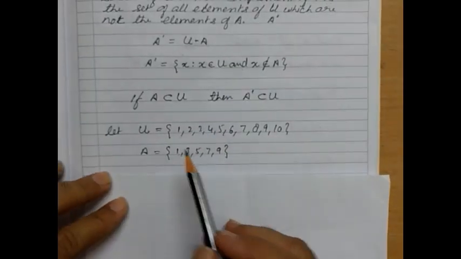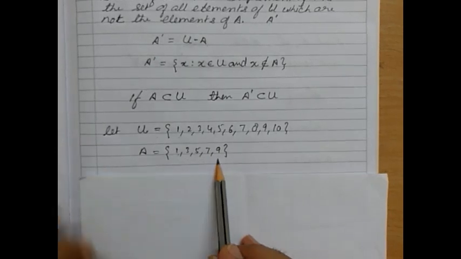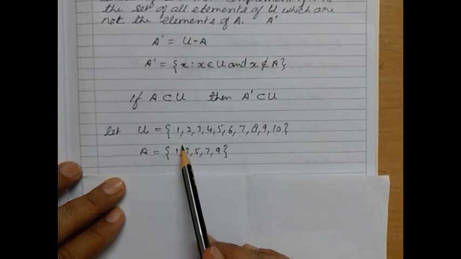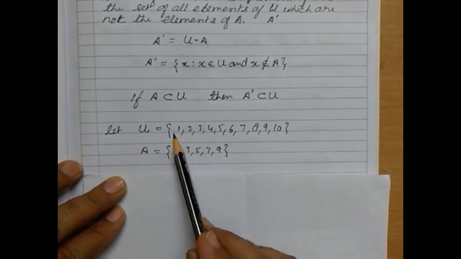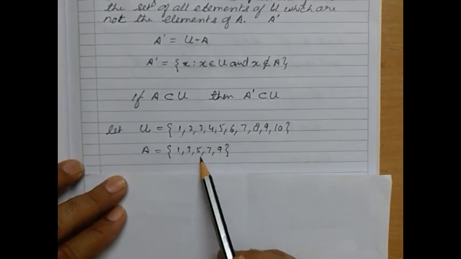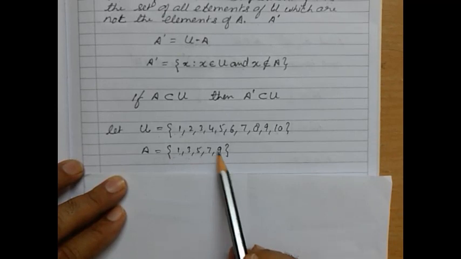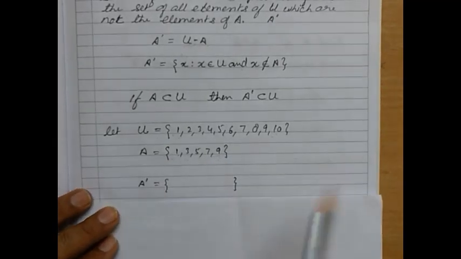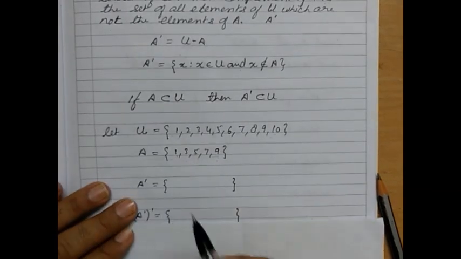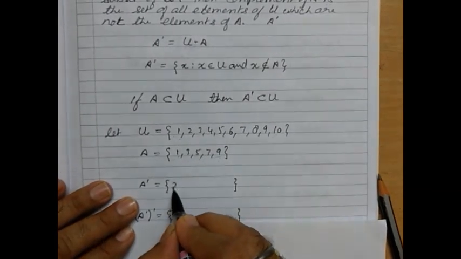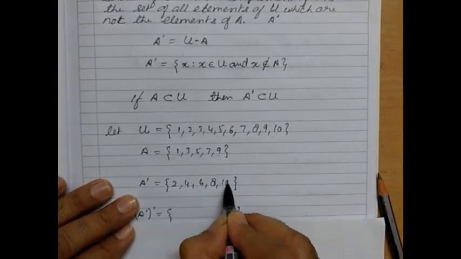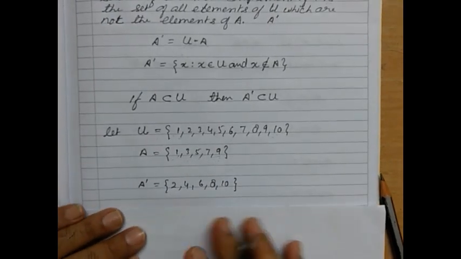We will write those elements which are present in the universal set and not present in A. So apart from A, all the elements will be written. Here A is 1, 3, 5, 7, 9, so A complement will be 2, 4, 6, 8 and 10. So this will be your A complement.